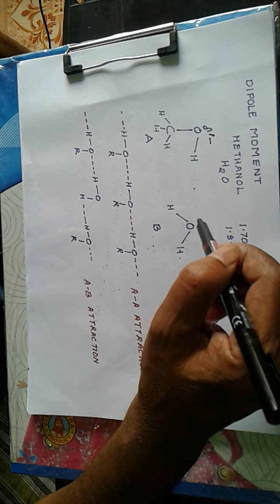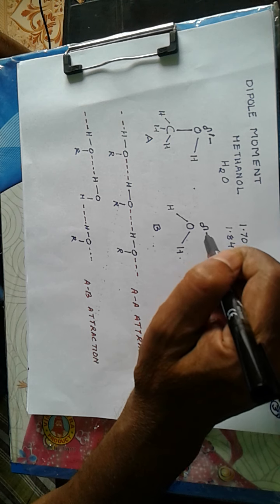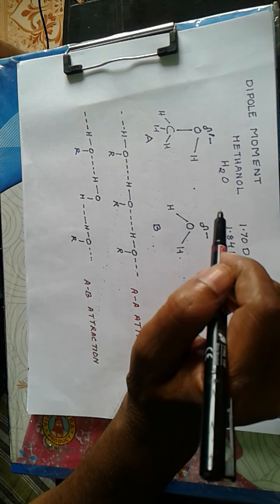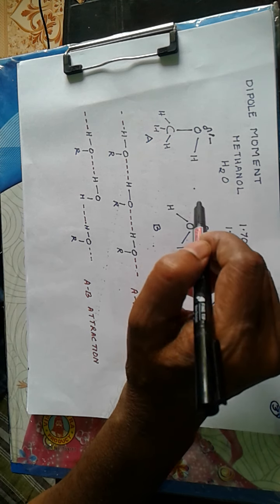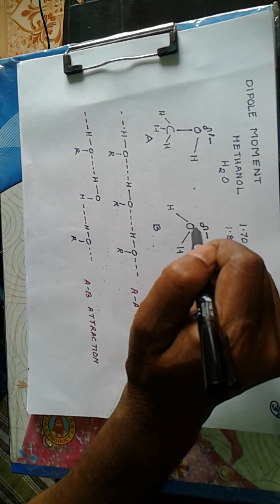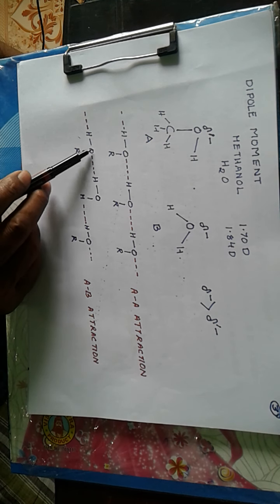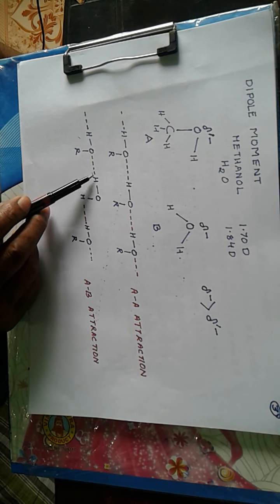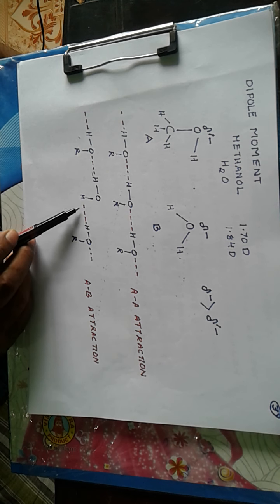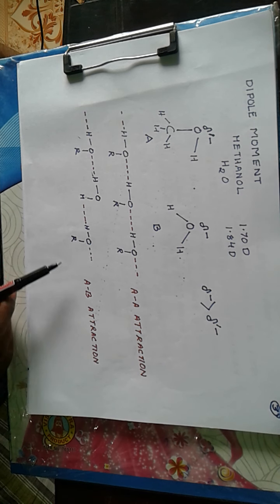So oxygen in water carries a greater amount of partial negative charge. So water is more polar than methanol. So there is hydrogen bonding between methanol and water, as shown here, ROH bonded to HOH bonded to HOR.